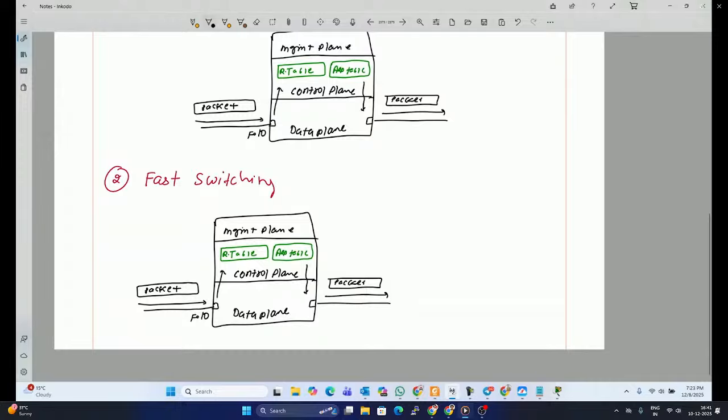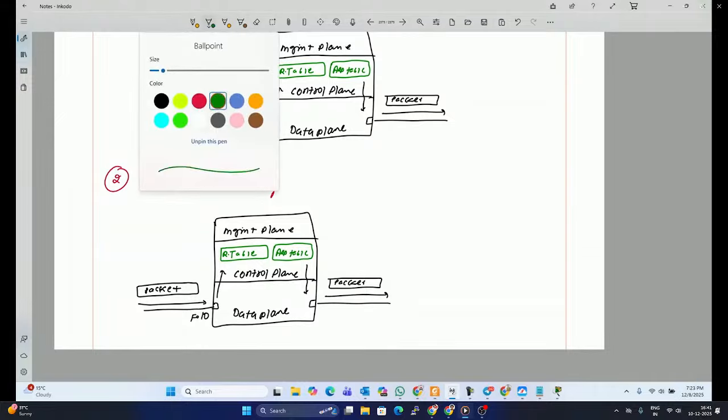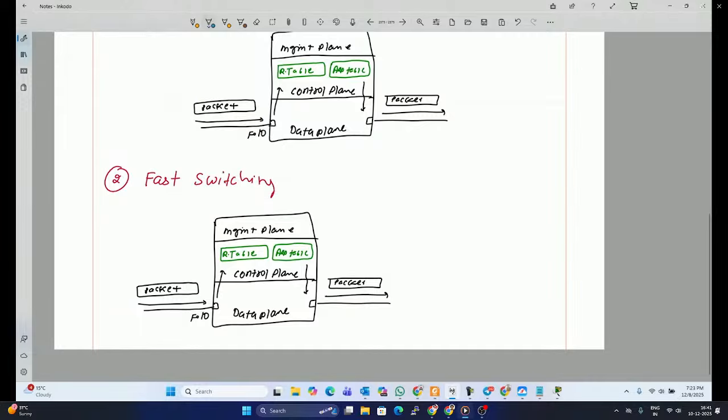In case of fast switching, what they did, they said that the first packet will go through the CPU, but then we'll create a cache. Okay, that this packet was previously forwarded, and on the behalf of that, a cache table will be created.